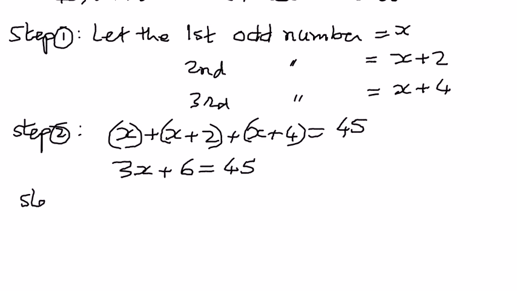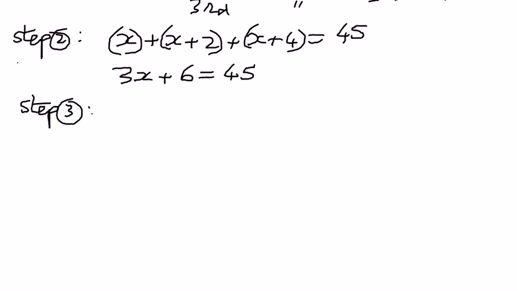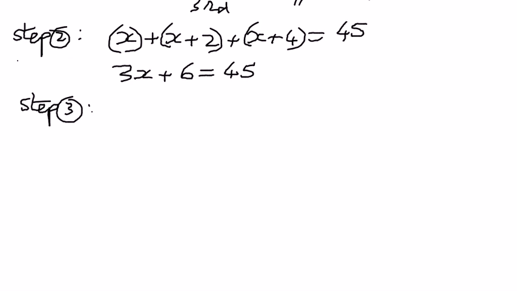We're going to step number 3, and we want to isolate the x term to one side of the equation. Since we have 6 on the left hand side, we're going to add negative 6 to both sides of the equation.